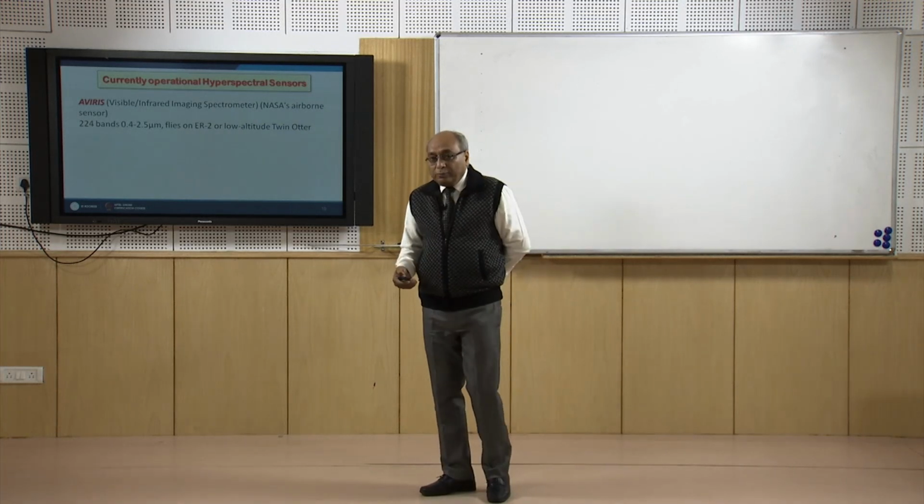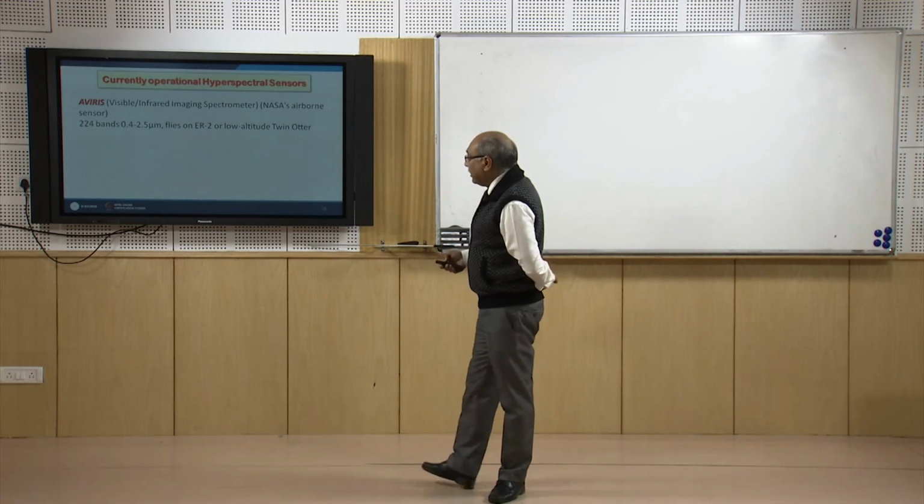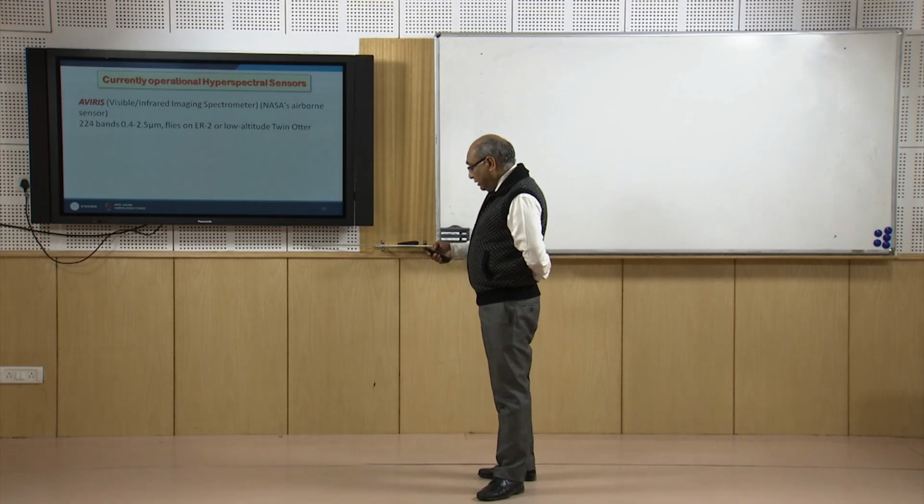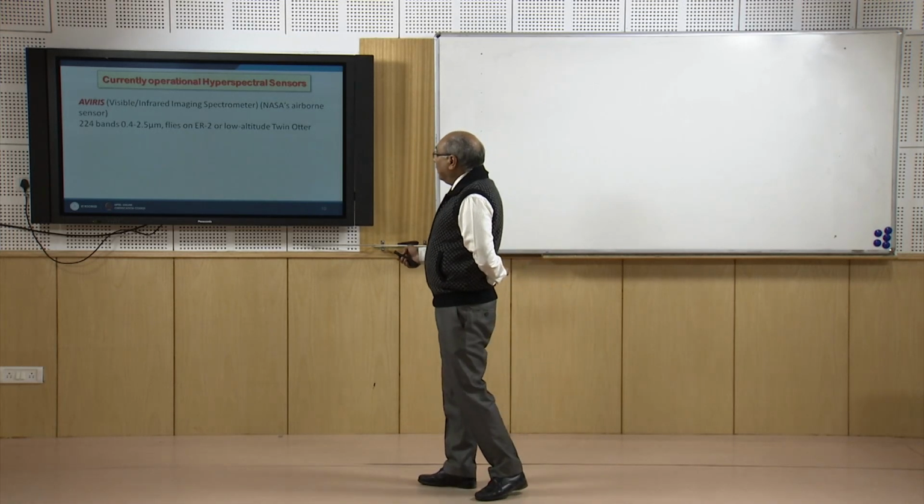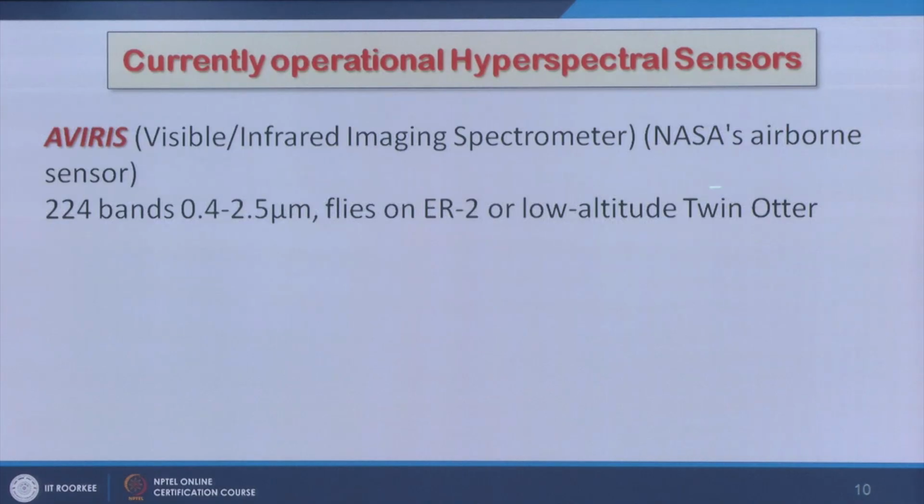This was one of the sensors which was designed about 20 years or more ago, and it was an airborne sensor, covering the visible and infrared parts of the electromagnetic spectrum, but continuously. It was a hyperspectral category. It had 224 bands, a huge number of bands.